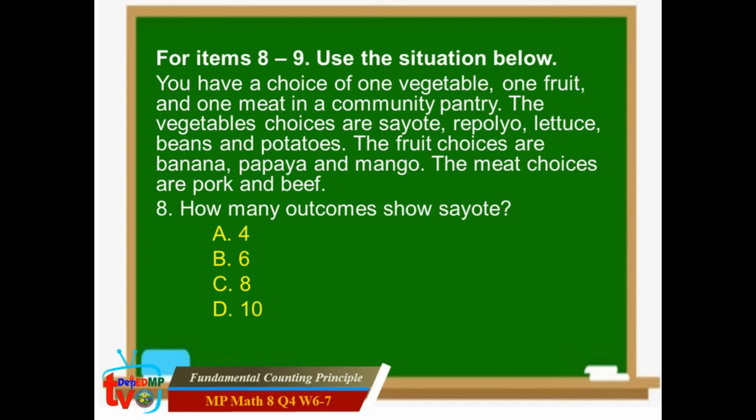How many outcomes show sayote? A. 4. B. 6. C. 8. D. 10. 9. How many outcomes show pork? A. 5. B. 10. C. 15. D. 20.